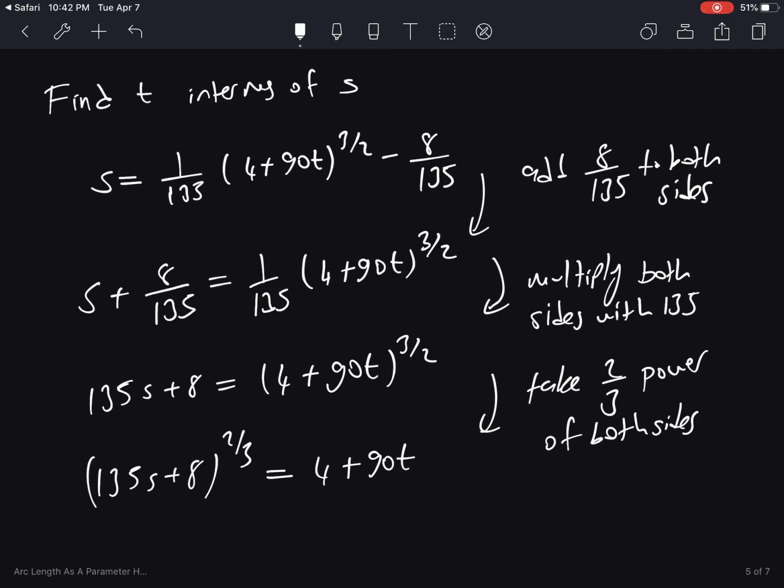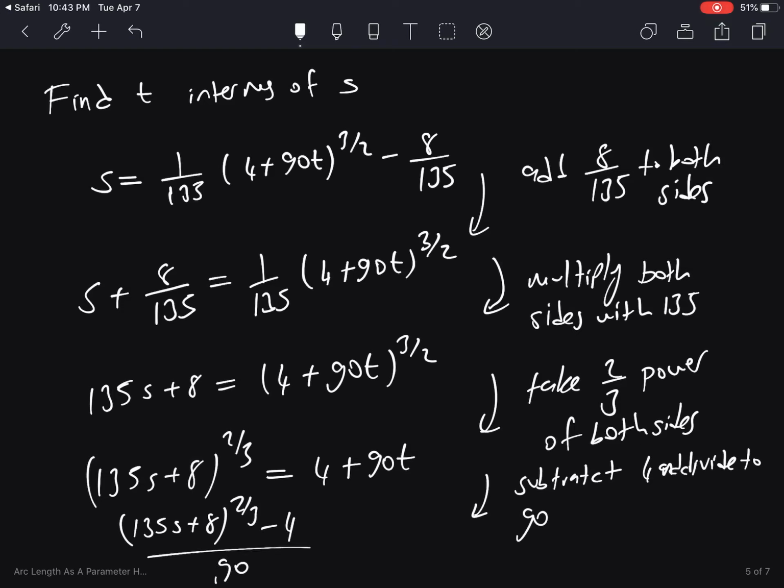And now we should subtract 4 from both sides and then divide by 90 to get t on the right side. Okay, so we get 135s plus 8 to the 2 over 3, minus 4, divided by 90, is equal to t. So we found our t.